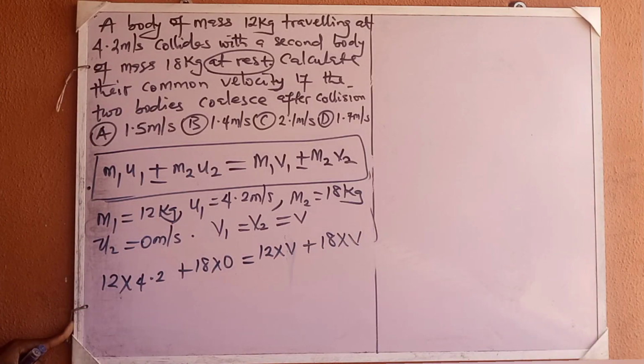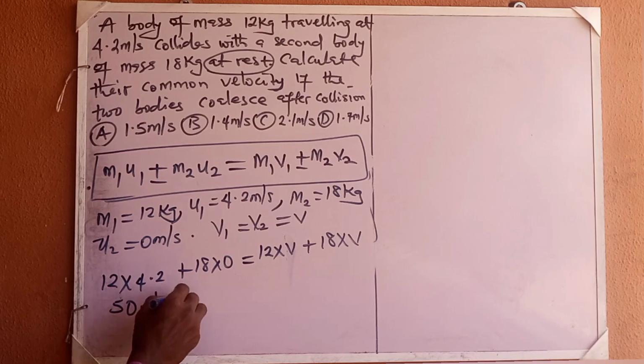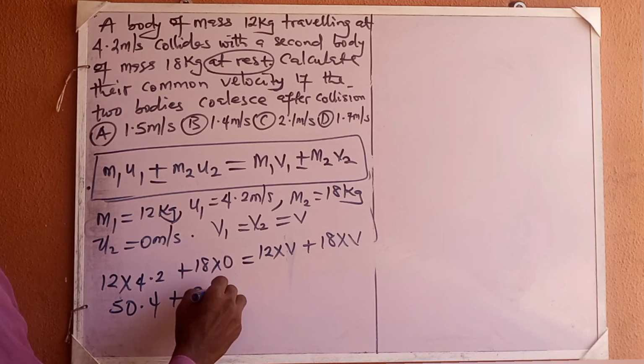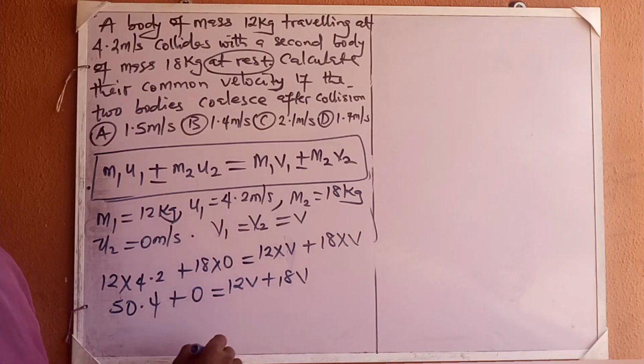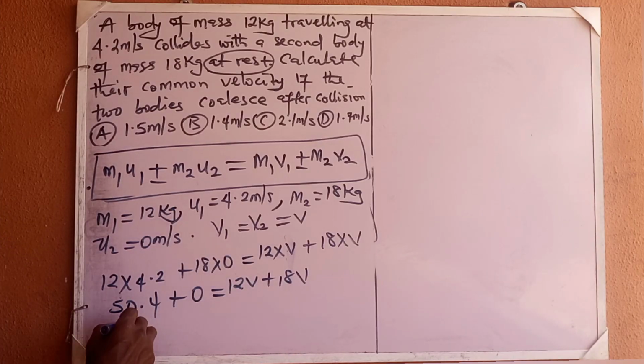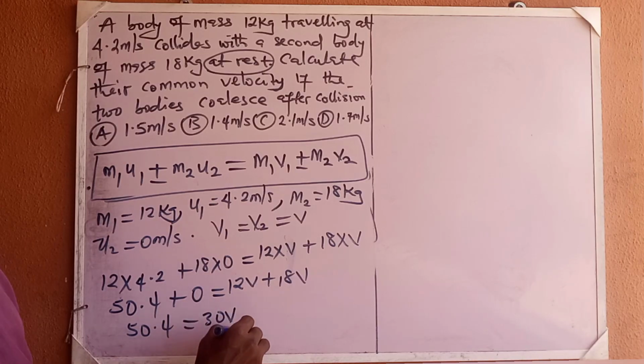So when we multiply 12 and 4.2, we're going to get 50.4, plus 18 times 0 is 0, equals 12V plus 18V. And this will be 50.4 equals 30V.